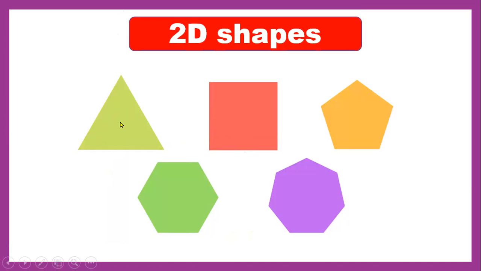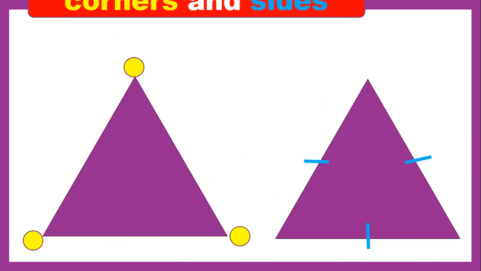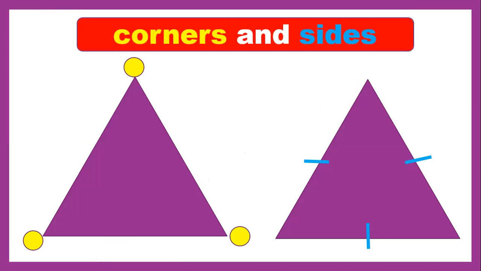Here is the triangle, square, pentagon, hexagon, and octagon. We also learn about corners and sides. The yellow ones are corners, 1, 2, and 3. These are the corners, or we also call them vertices, or vertex.